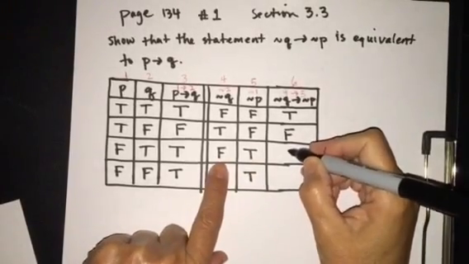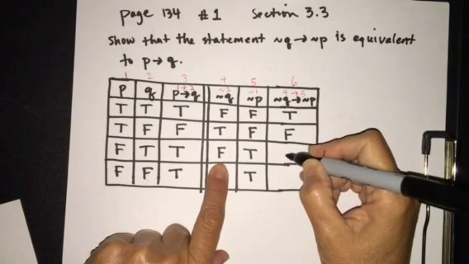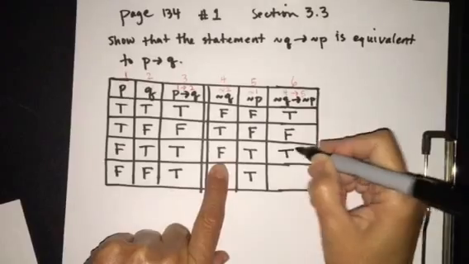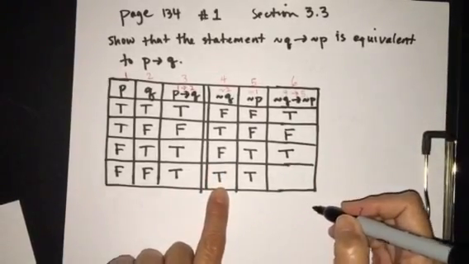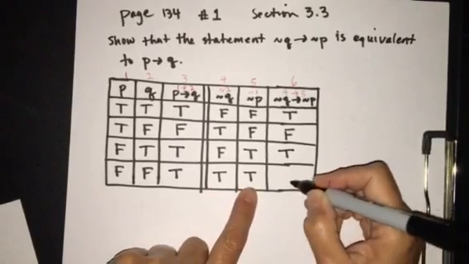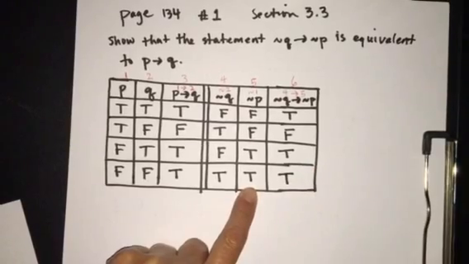But if the first part of the if then is false, there is no promise to break. On the last line, I get paid tomorrow is true. I gave you $10 is true. So the promise wasn't broken.